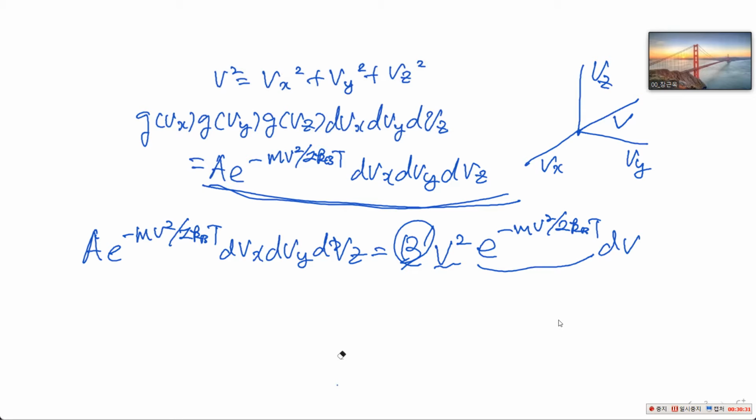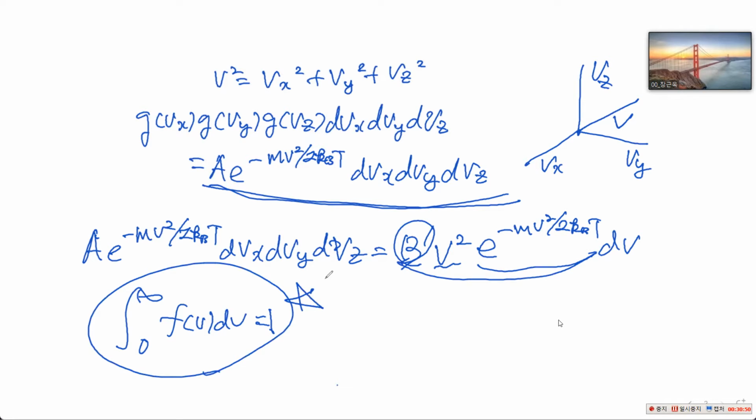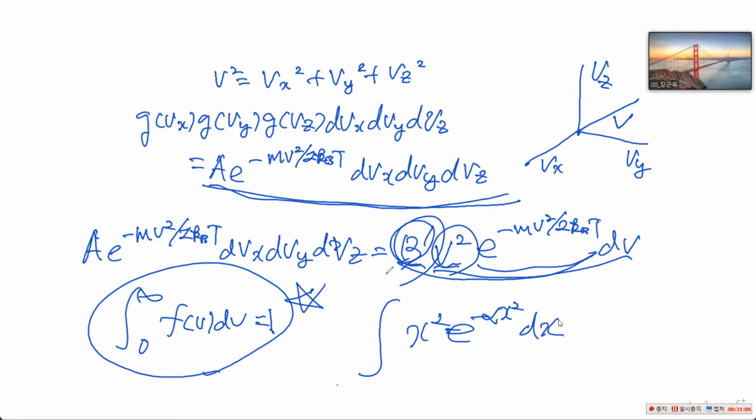Okay? Then we also introduce another assumption that the integral from 0 to infinity of fv dv equals 1. Okay? So by this result, we can derive the result here because there is some limitation. And we know that there is a v squared. So we can use the integration result by this way, that there are some values, so we can integrate it, and we can calculate the p prime.